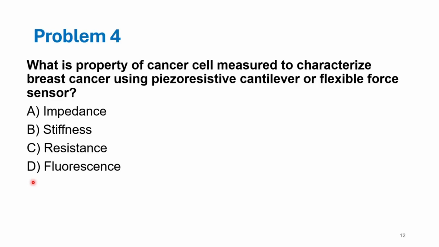Yeah. So the answer is B. Stiffness. So what kind of sensor is a piezoresistive cantilever or a flexible force sensor? What kind of output does it provide and what kind of input does it measure?